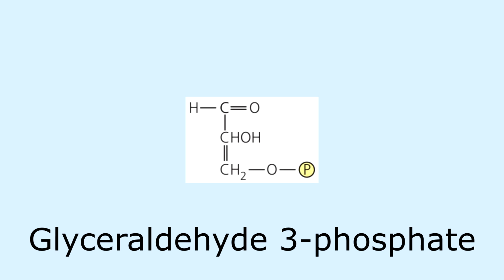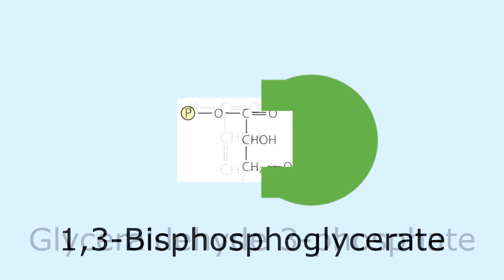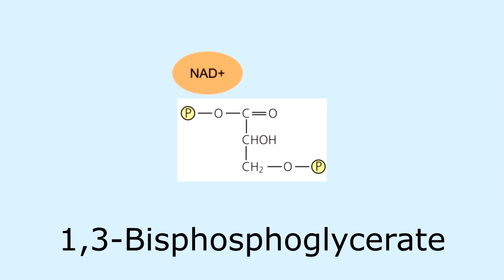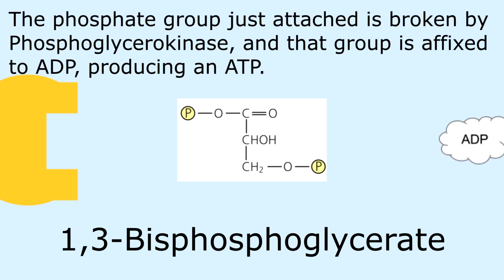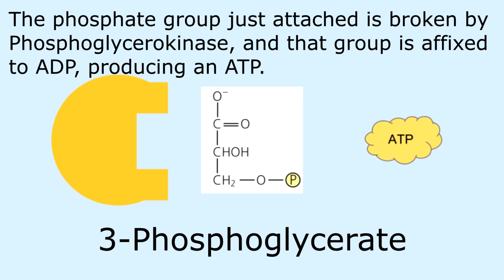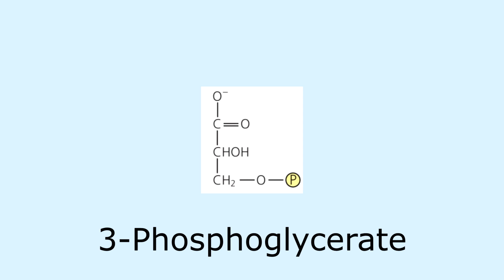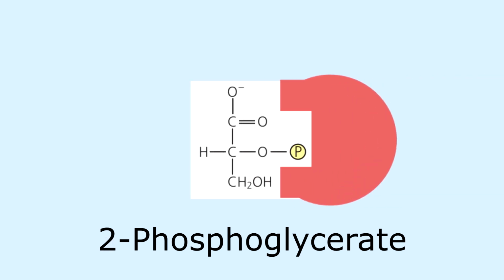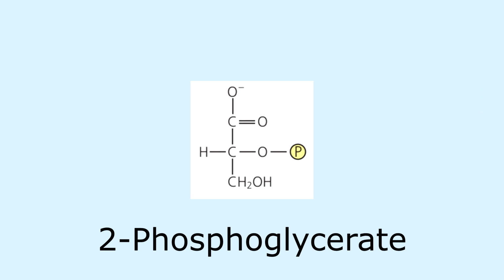Triose-phosphate dehydrogenase oxidizes the sugar, transferring electrons to NAD+, turning it into NADH. Along with that, this energy release allows the phosphate group to be attached. This new molecule is now 3-phosphoglycerate. This phosphate group is moved into a different location by phosphoglyceromutase, and this molecule is called 2-phosphoglycerate.